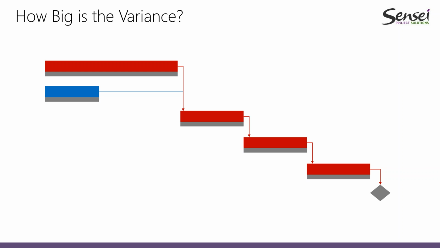How are those 10 days affecting my project? One question we always get is, how do I calculate the percentage so I can really understand how big it is? Sometimes 10 days will mean 1% of variance.